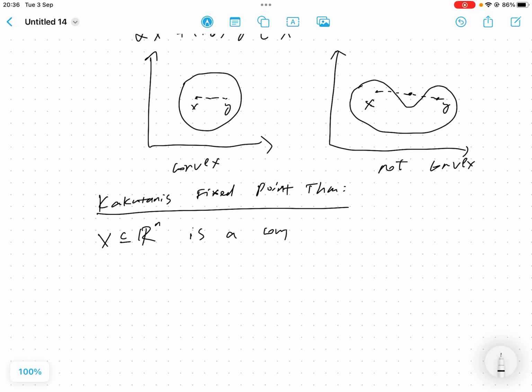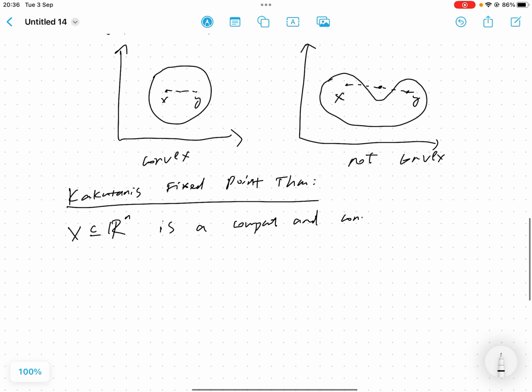And we let F be a correspondence that we mentioned previously. So it is not a function, it's a correspondence. It's a map from X to X.